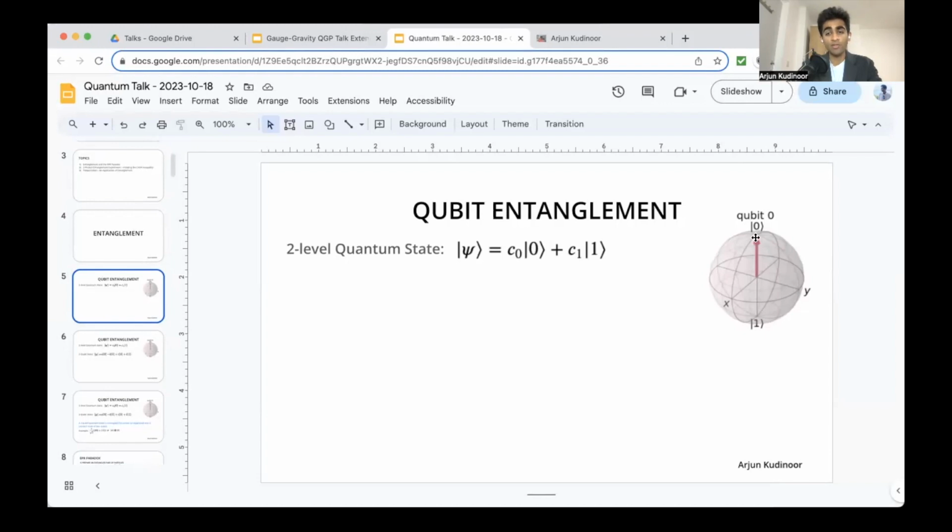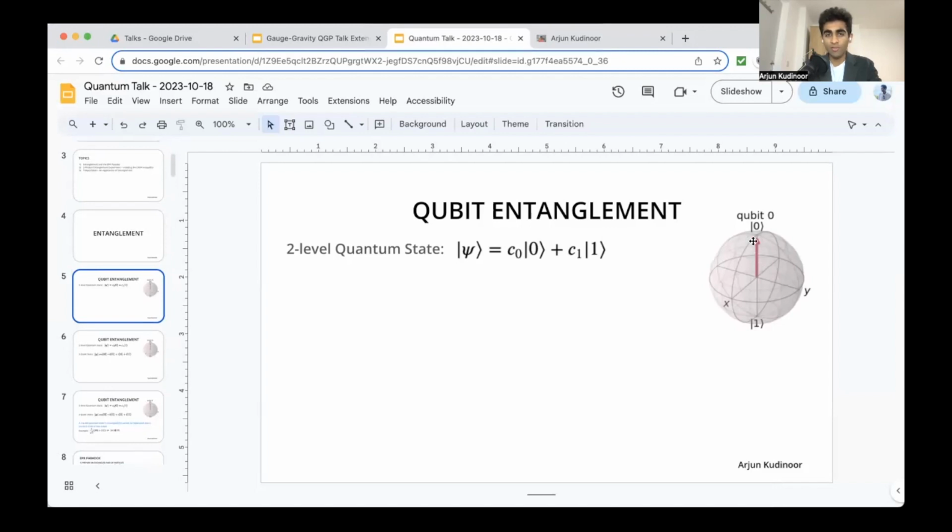And combinations of these 0 and 1 states occur at different points on this sphere. So, for example, if you were to act with an X gate on this, it flips this arrow down so that the 0 points towards the 1, or if it started in the 1, it flips it back up to the 0 state.